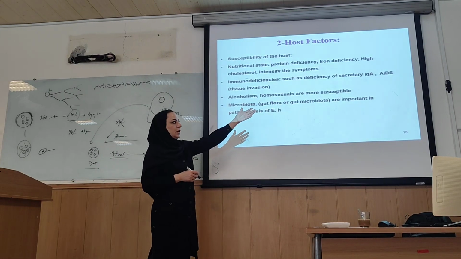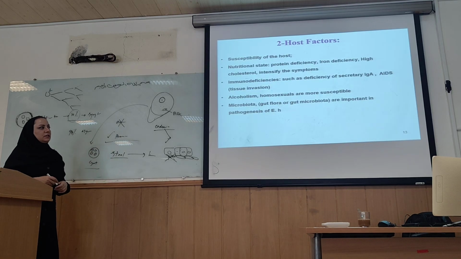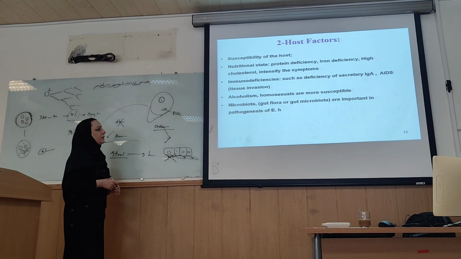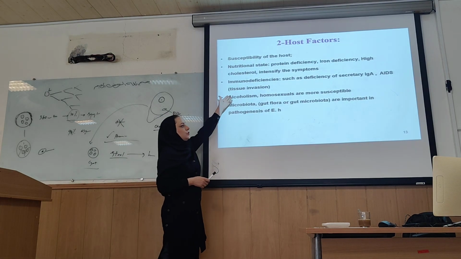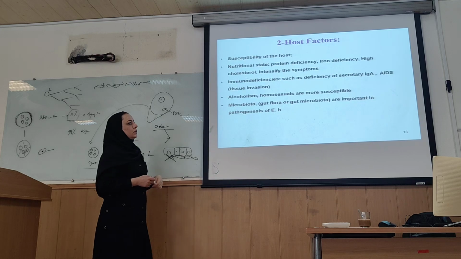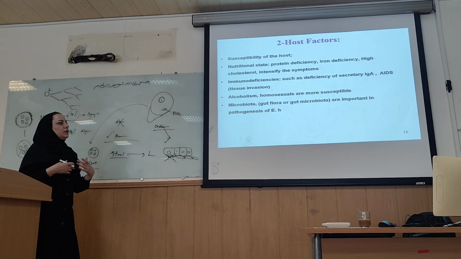Also, you know that AIDS or HIV is the virus that infects lymphocytes in the person, and so they are immune deficient, and they are sensitive to most microbial agents. So if these patients are infected with histolytica, the symptoms are more severe and intensified.